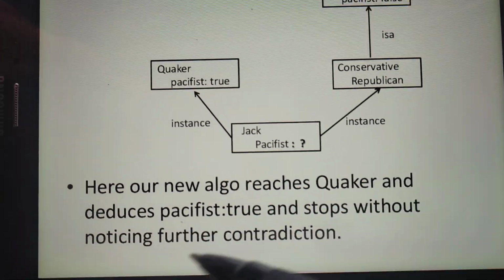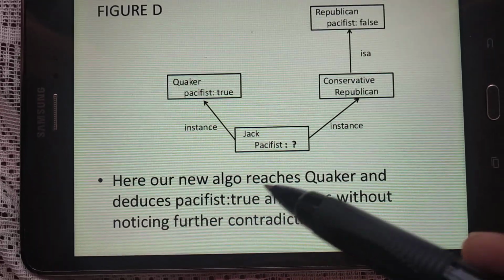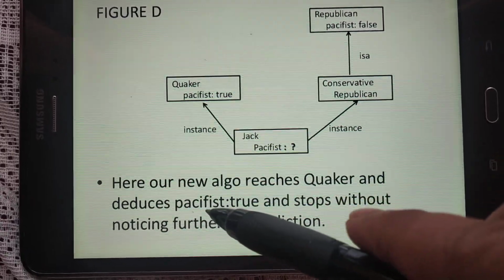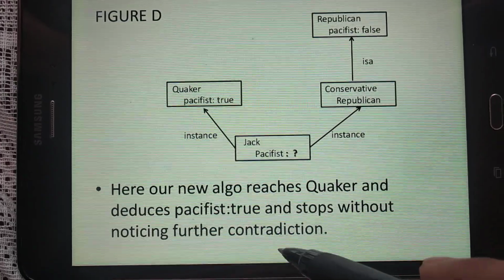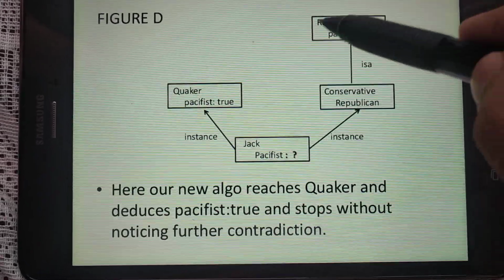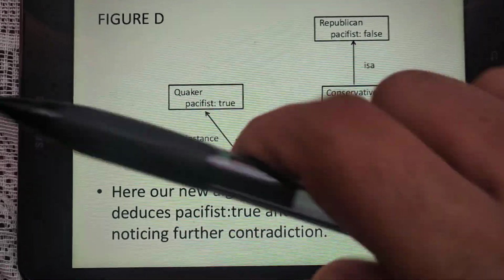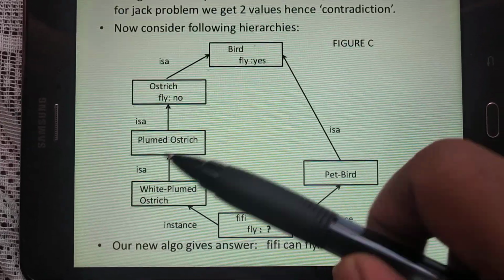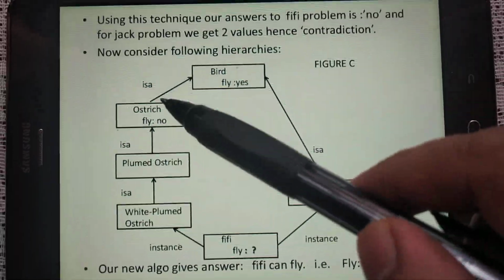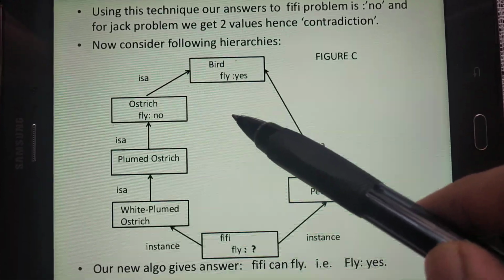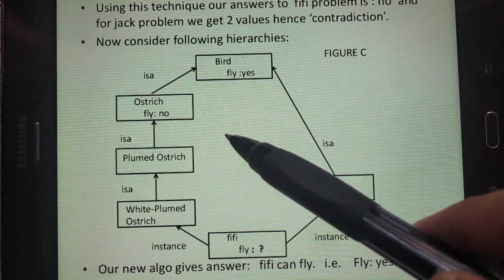So here our algorithm reaches Quaker and deduces pacifist true and stops without noticing the further contradiction. So looking at both these figures, the path length algorithm that we had designed does not give the correct answer.